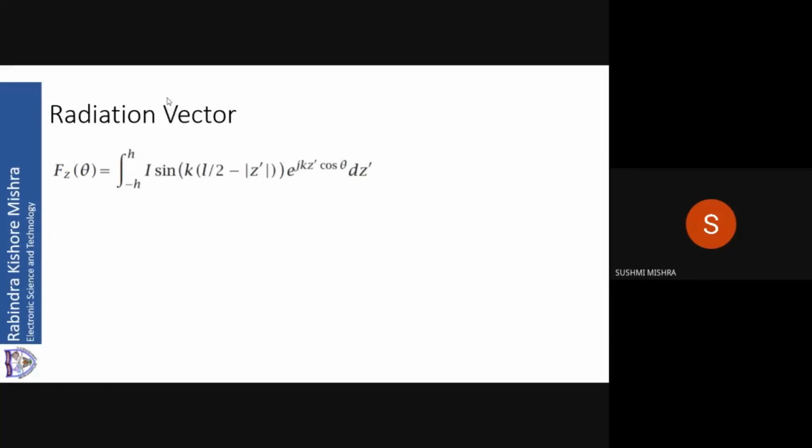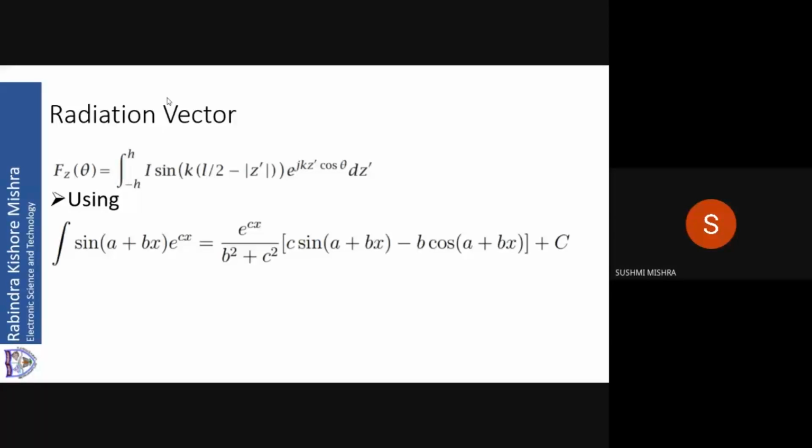And now how to evaluate this? This is a difficult integral. So we will use the integral table. From the integral table, we can find integration of sine a plus bx into exponential cx is equal to exponential cx upon b square plus c square whole into c sine a plus bx minus b cos a plus bx plus a constant, which is the integration constant.